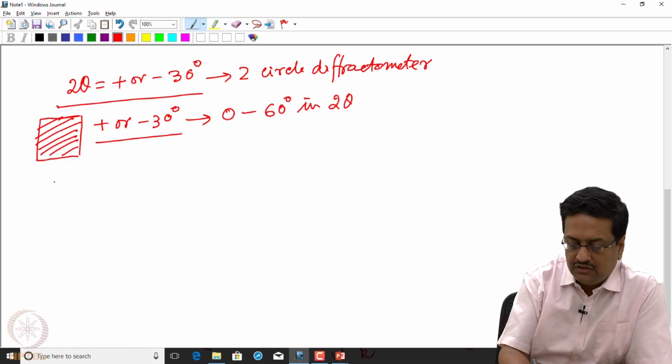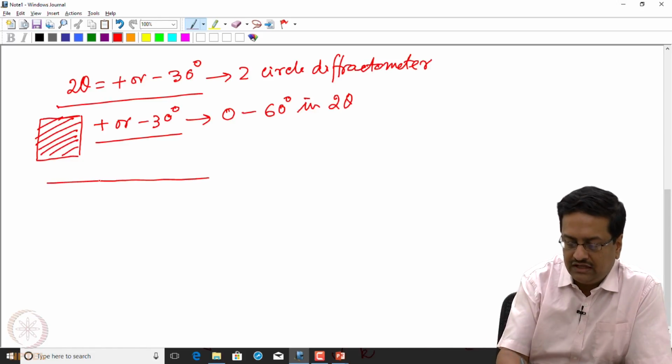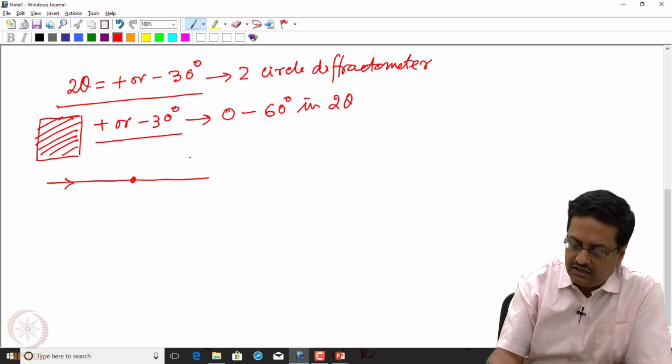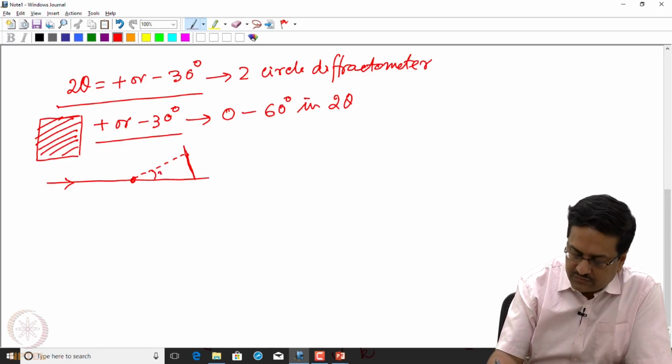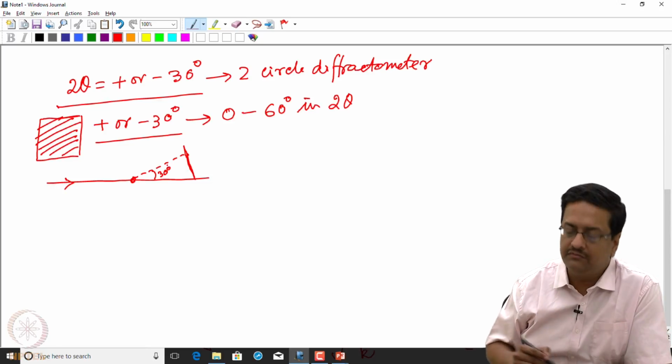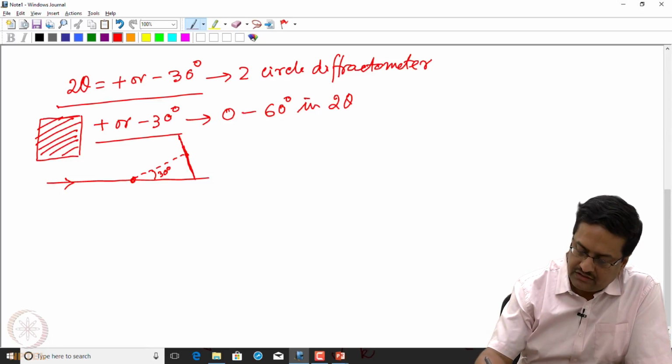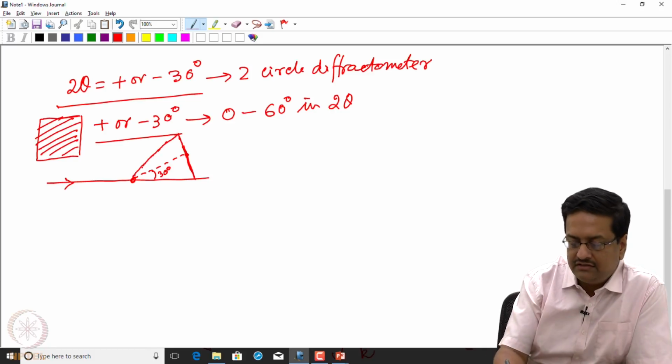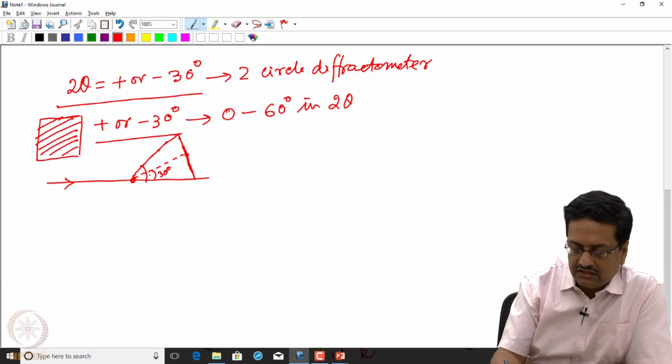That is, if we have the X-ray beam coming like that and we have a crystal in the middle and the detector is located somewhere here, which is at about 30 degree with respect to the direct beam, it records data in the range of total 60 degree in 2 theta.